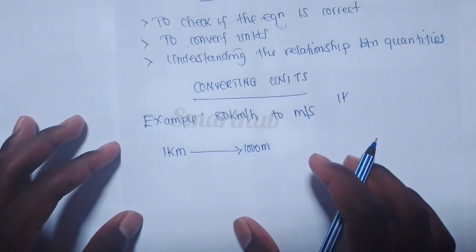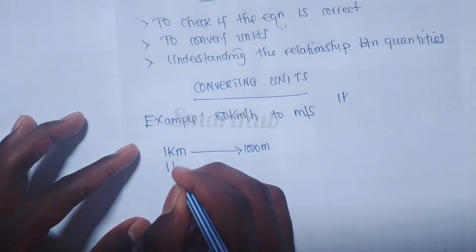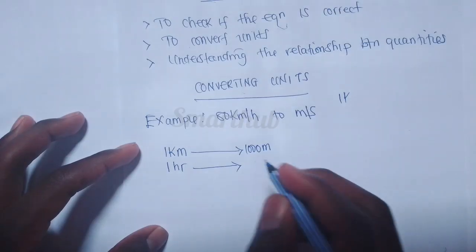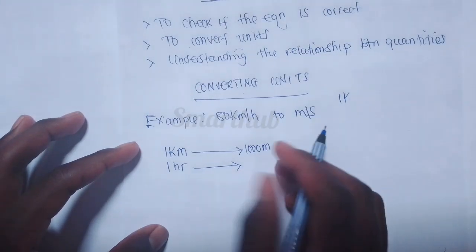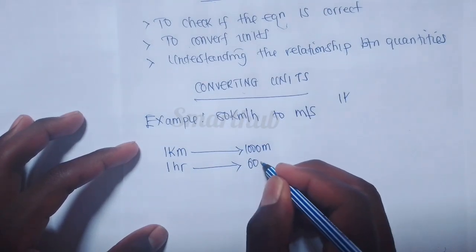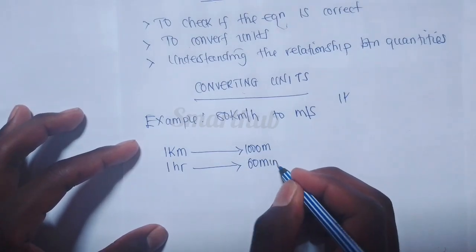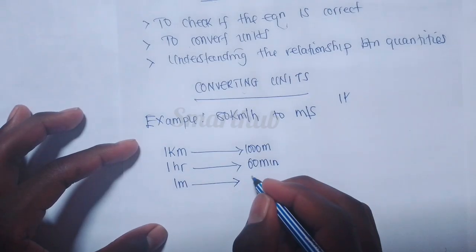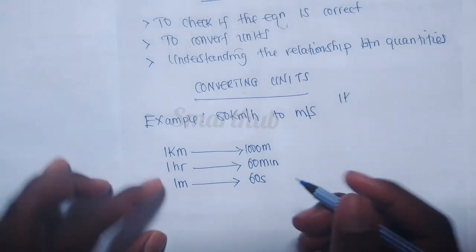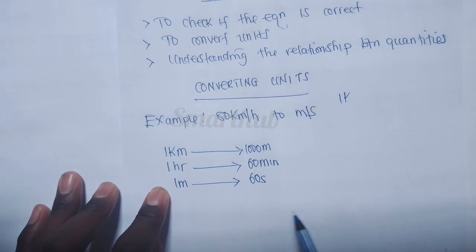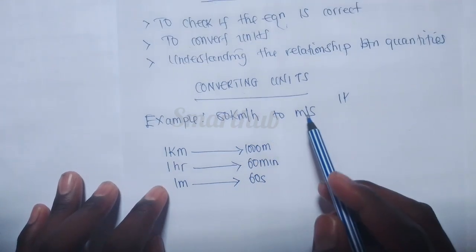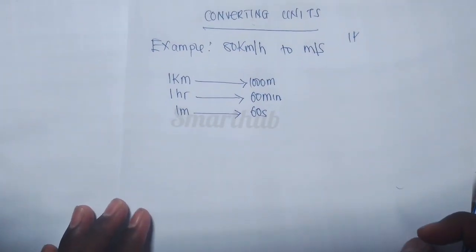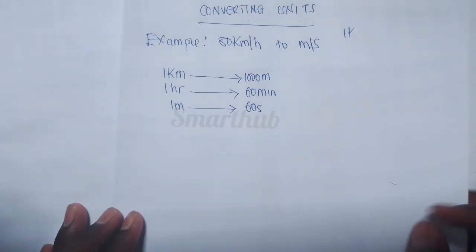Then 1 hour is equivalent to 60 minutes. Then 1 minute is equal to 60 seconds. Okay, so we are converting to meters per second. How do we go about this one?